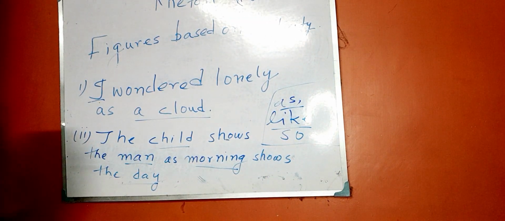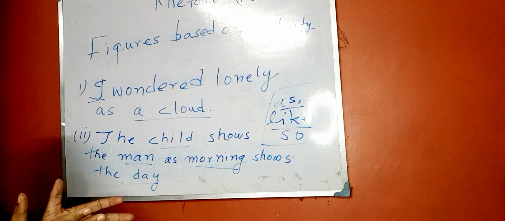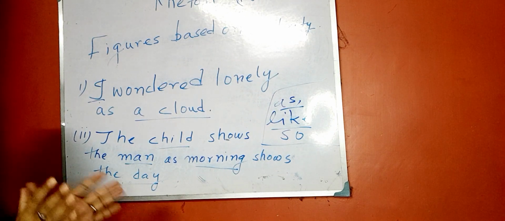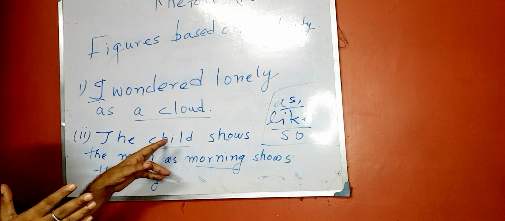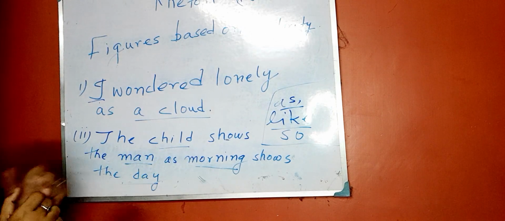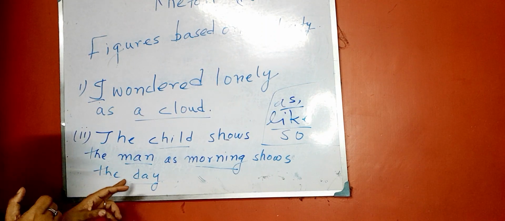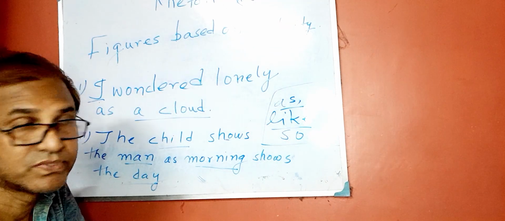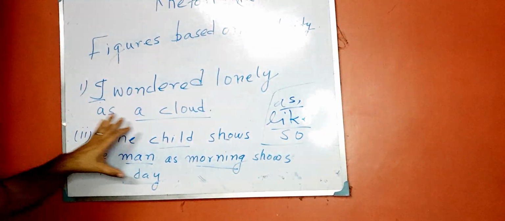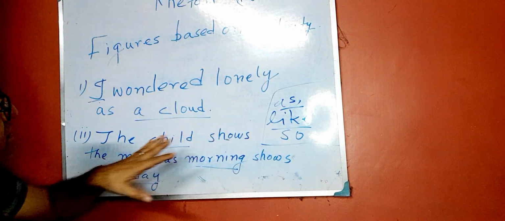Here, there is more than one comparison. Child has been compared to morning and man has been compared to the day. They are two different things. How can you write? This is the case of simile.